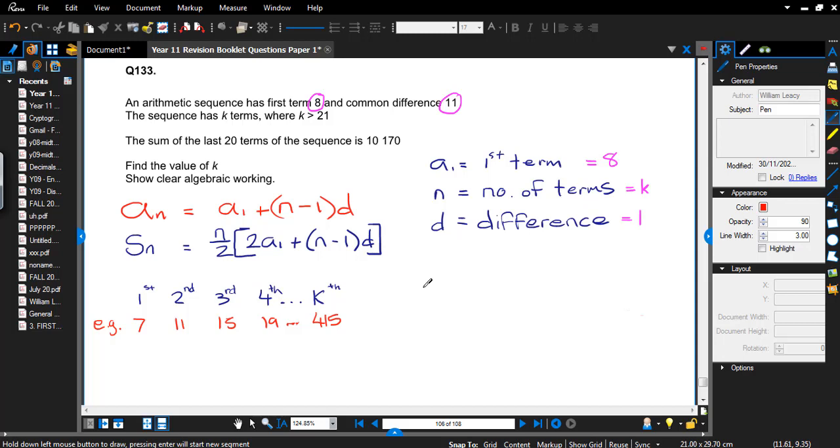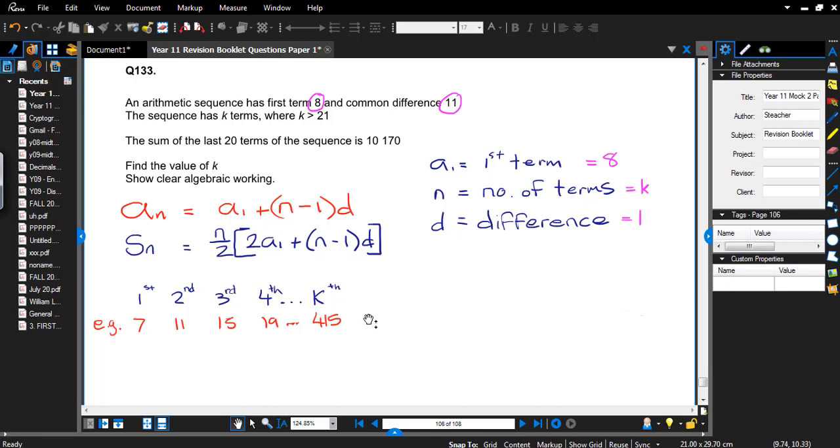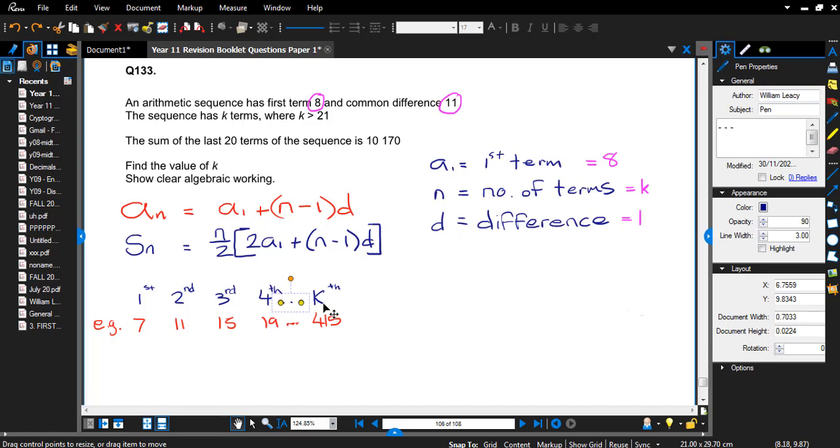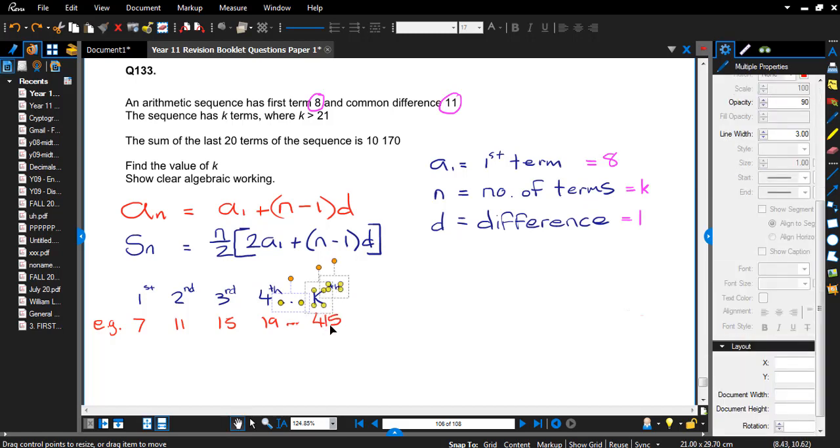Now, we're told the sum of the last 20 terms in the sequence is 10,170. So how can that help us? If I can move this in a second, we'll make some space here.